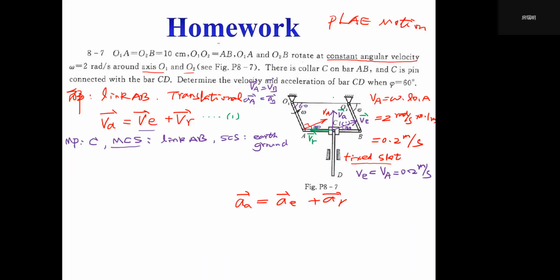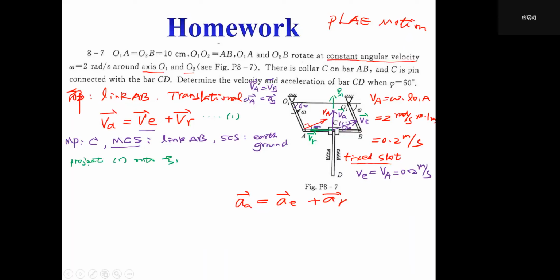So we can select a direction like this. We assume that this is the positive direction. So we can write like this. Project our vector equation 1 onto C1. This C1 is the name of this axis.